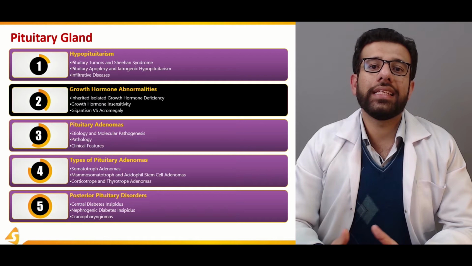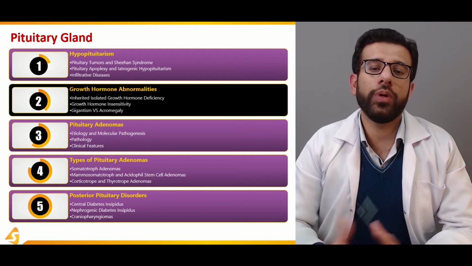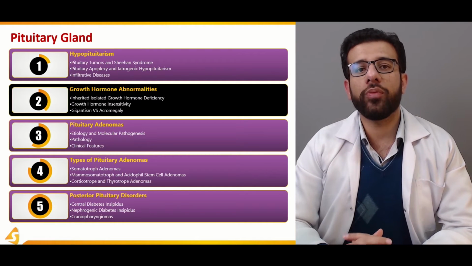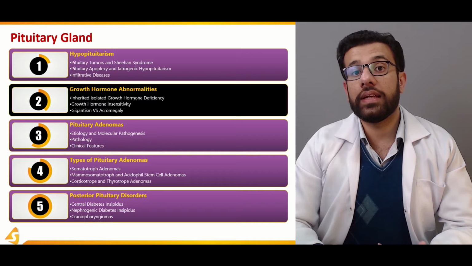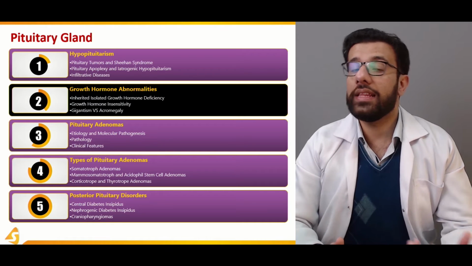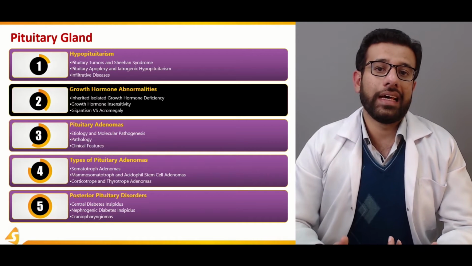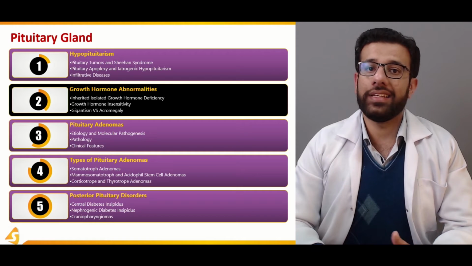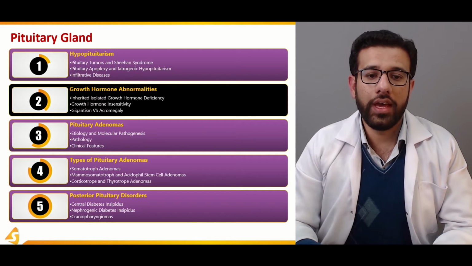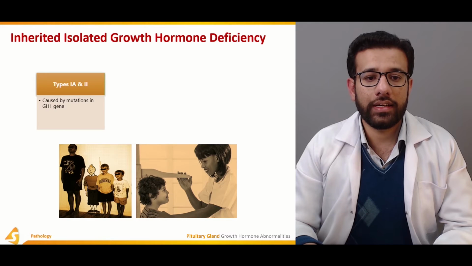And then there is the comparison or the difference between gigantism and acromegaly, and how these two conditions are different. In both of these conditions, the growth hormone is increased. There is excessive release of the growth hormone. So now we will see how these things happen.